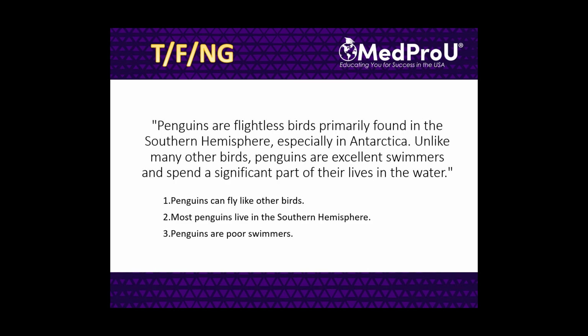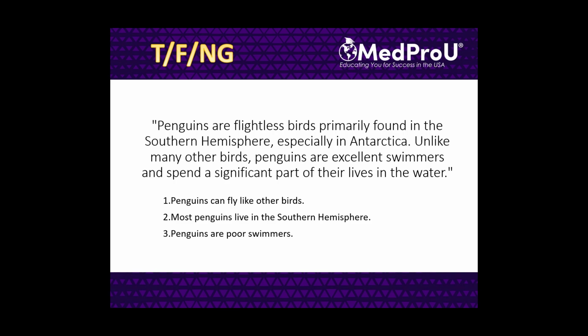Now, penguins are poor swimmers. Is it true, false, or not given? In the last sentence, unlike many other birds, penguins are excellent swimmers. So this is false because it's telling you the opposite.